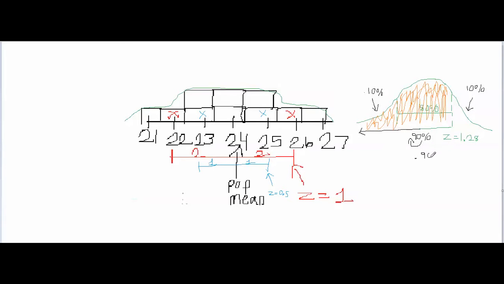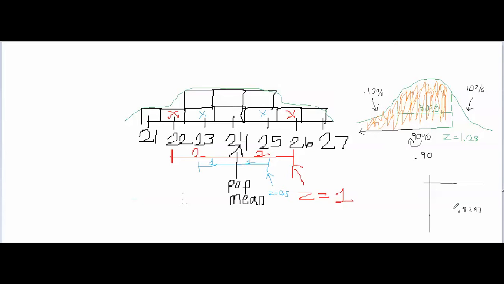What I did was I went inside the middle of the table and I found the closest decimal to 0.9 for 90%. I believe it was 0.8997. That's very close to 0.9.